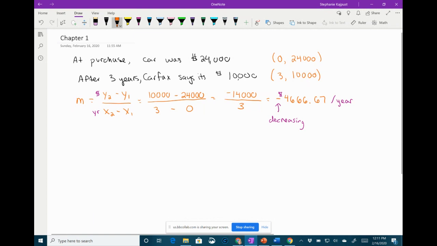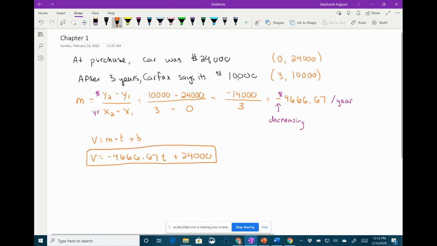So if I'm going to write my equation, it's y equals mx plus b. We'll use v for the value. So v equals m, and then t, we can use t for time, plus b. So b is the starting amount. That is your y-intercept, and that would be the purchase price that you start with, which is $24,000. So I'm going to plug in my slope, which is negative 4,666.67 t plus 24,000.